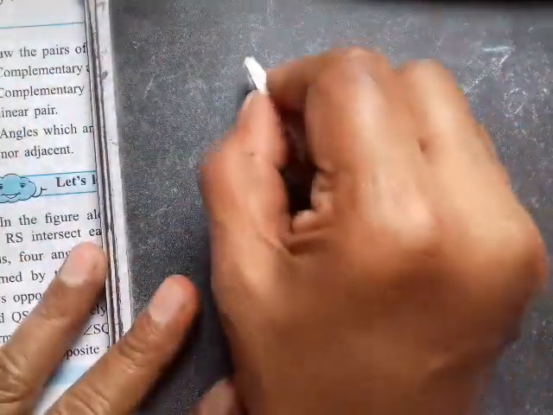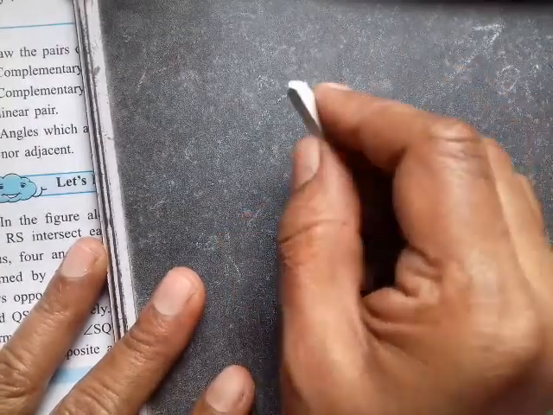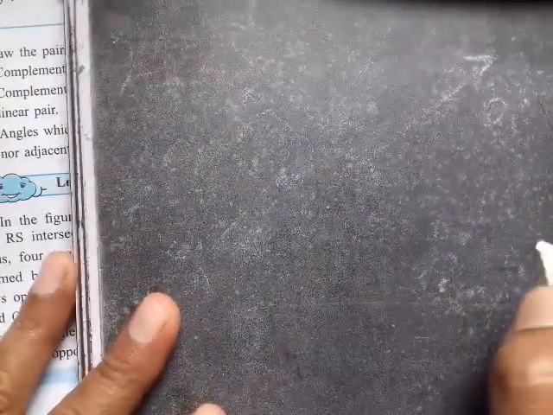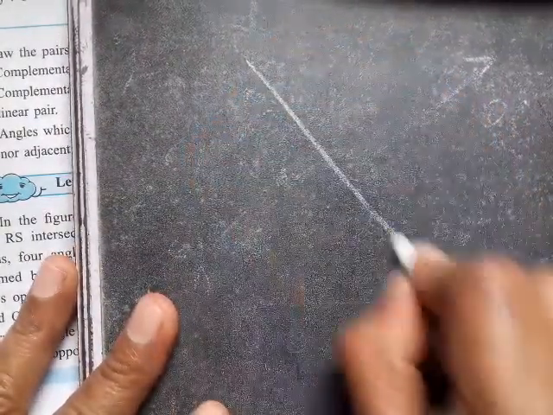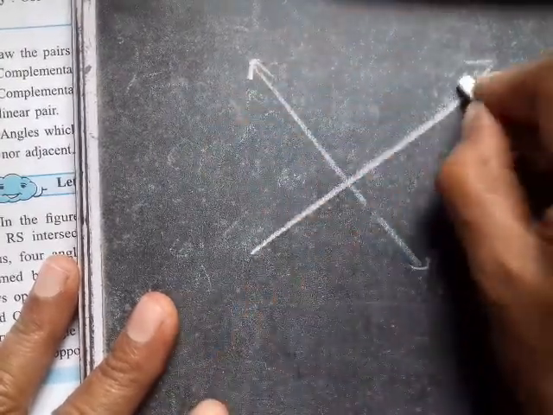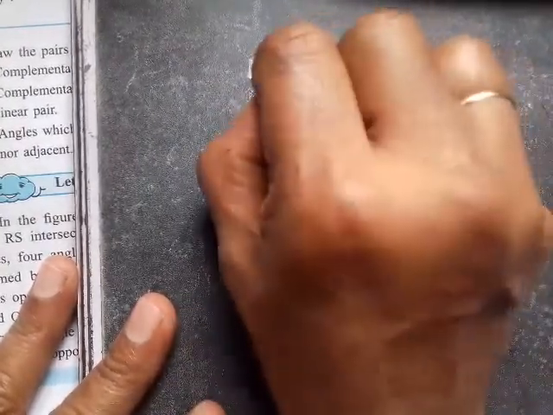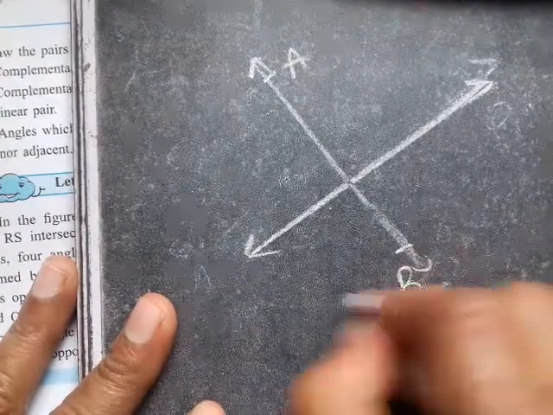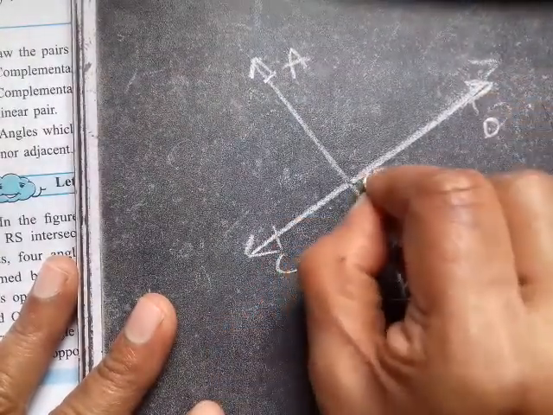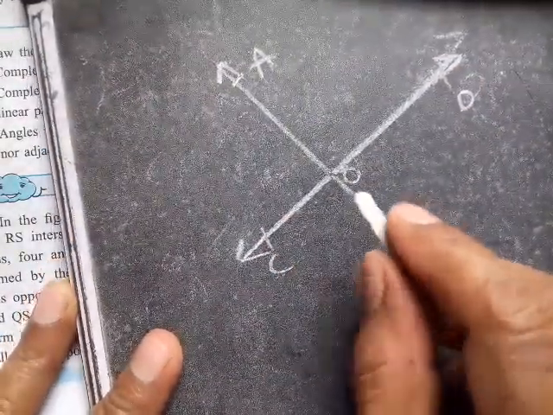Now their property is what? Opposite angles are always congruent, otherwise we can say they have the same measurement. Let us check how. Suppose our two opposite rays are again AB and CD, and O is their point of intersection.